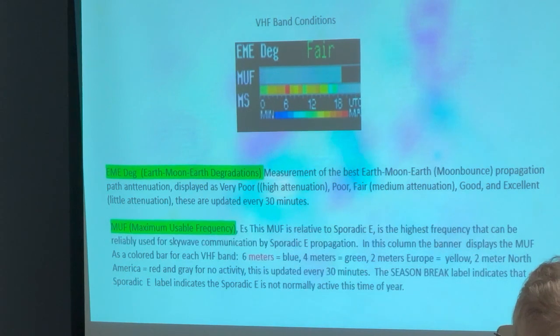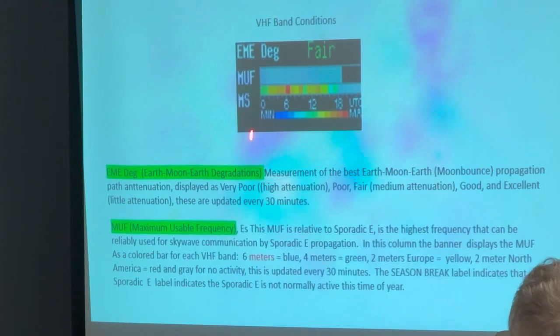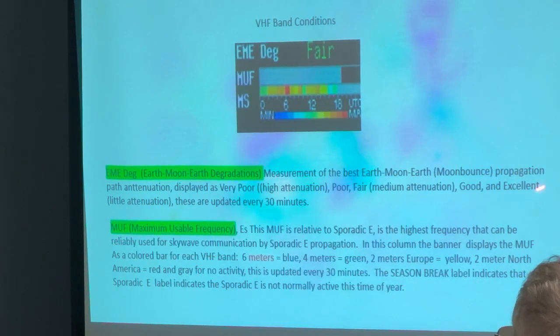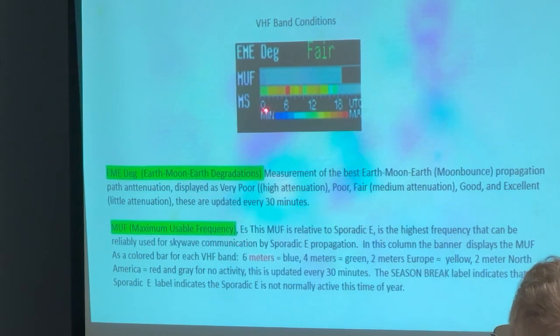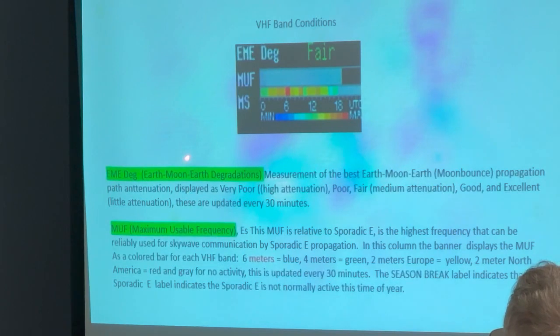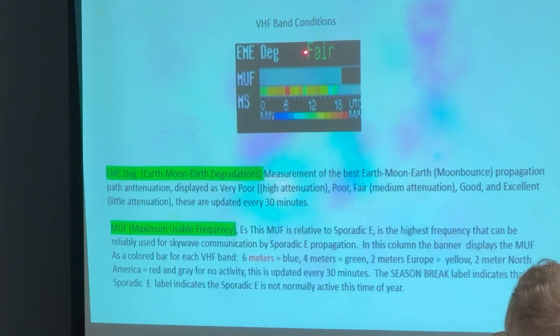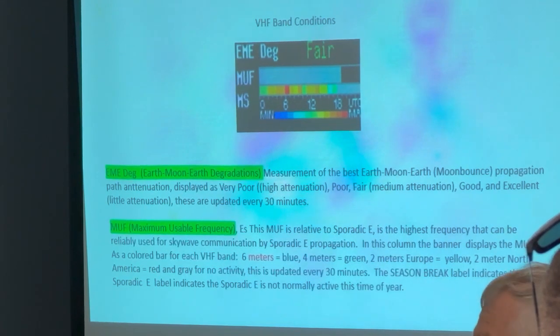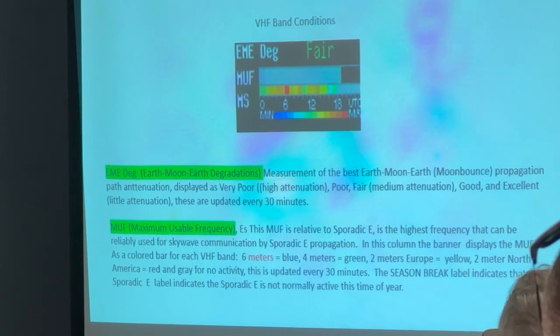And then you have very poor, fair, good and excellent. And this is updated every 30 minutes. And as you can see, this one is fair, so there's very little intent.